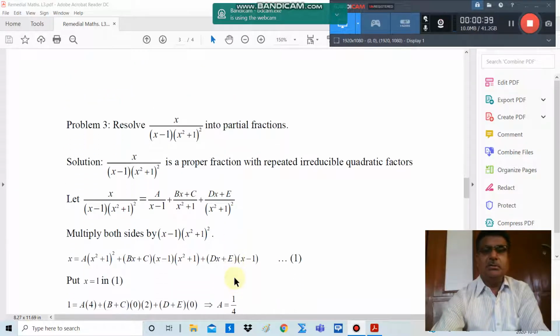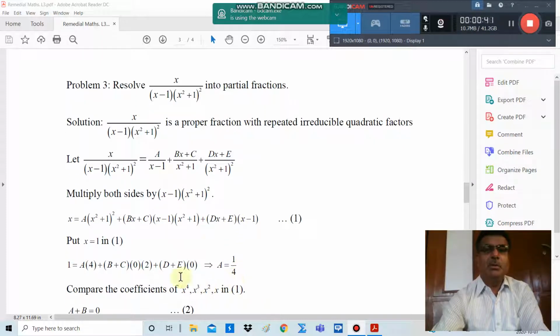Now take the next problem. In this problem, one factor of denominator is repeated. This is the case of repetition, and this is also a quadratic expression. Then let this expression be put as, this is a linear term x minus 1.